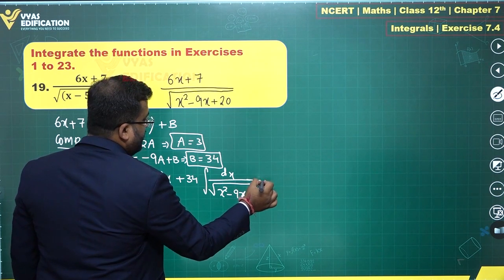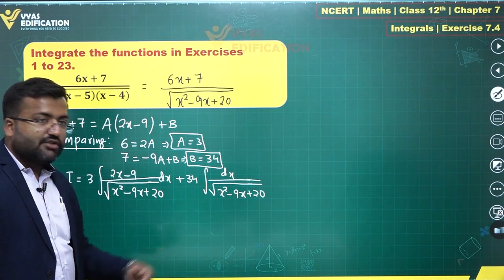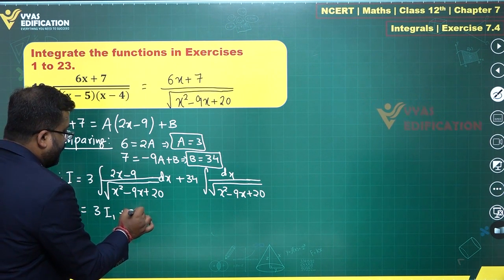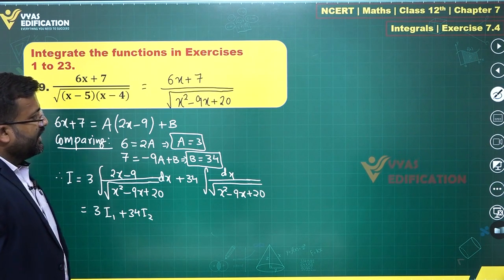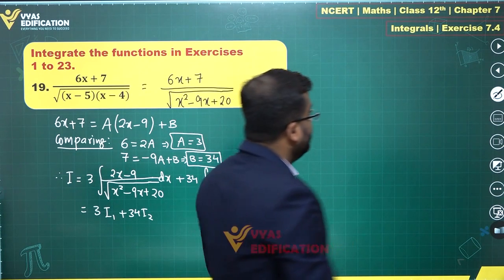This is what we have, right? Now, integral of this has to be found, and then we get a final answer. This is actually 3 times I1 plus 34 times I2. Our target is to find I1 and I2.